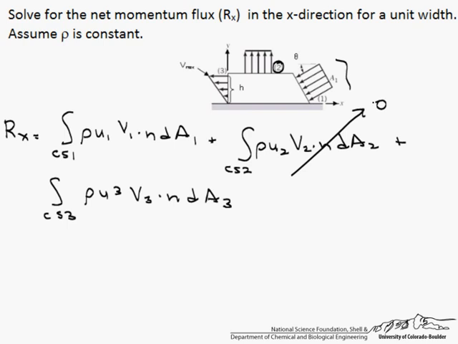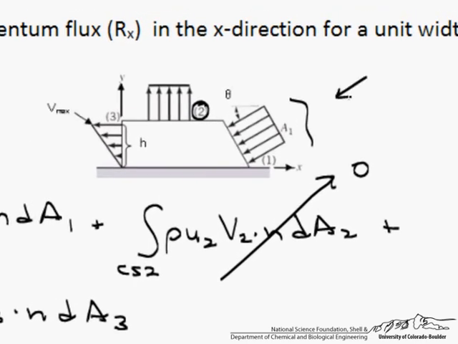So let's start with the first term. Our control surface is going to be area 1. Rho is constant. So what is u1? Well, if you take a look up here, and this is our v1, what we're looking for is the component in the x direction.